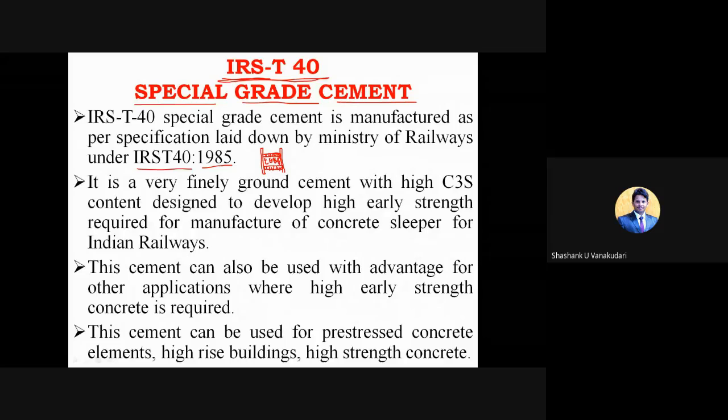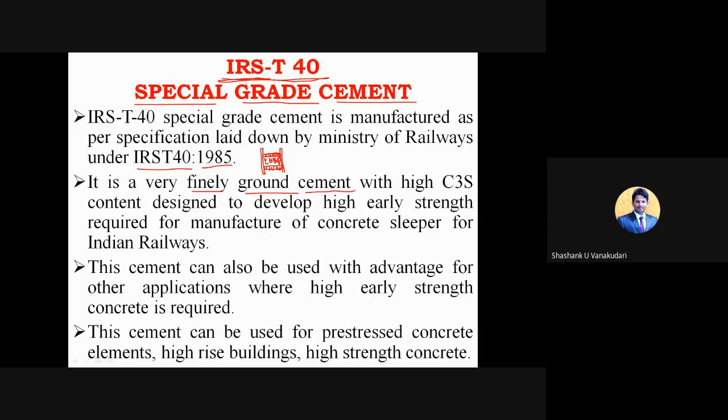So this railway sleeper is made especially by using this special grade of cement. This special grade is a finely ground cement. Finely ground cement in the sense that the grain size of the cement is much smaller than ordinary Portland cement.